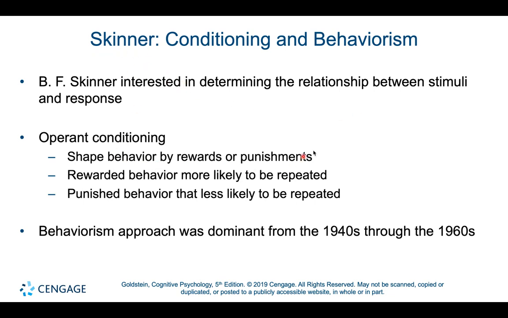Skinner is rewards and punishment. And of course, he found that if you reward a behavior, that behavior is likely to be repeated, right? Stimulus, response. If the stimulus is a reward, then the response becomes more likely. If the stimulus is punishment, then the response is less likely to be repeated.